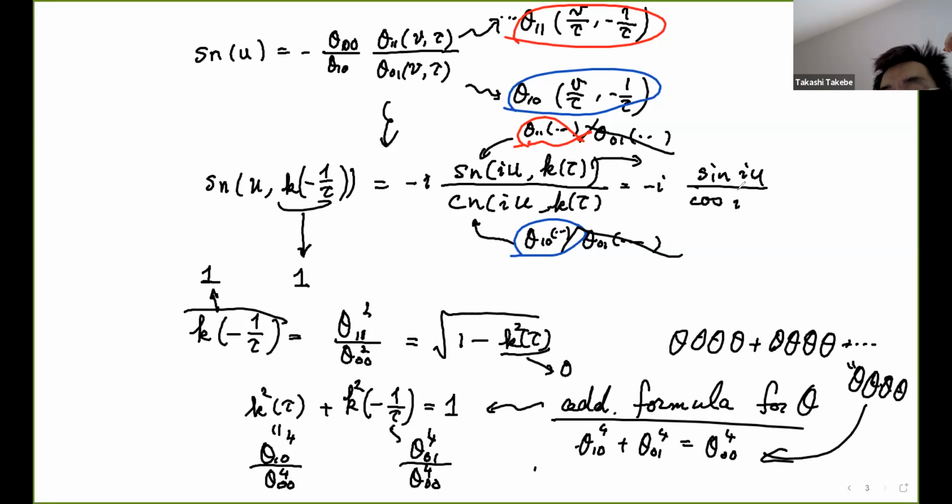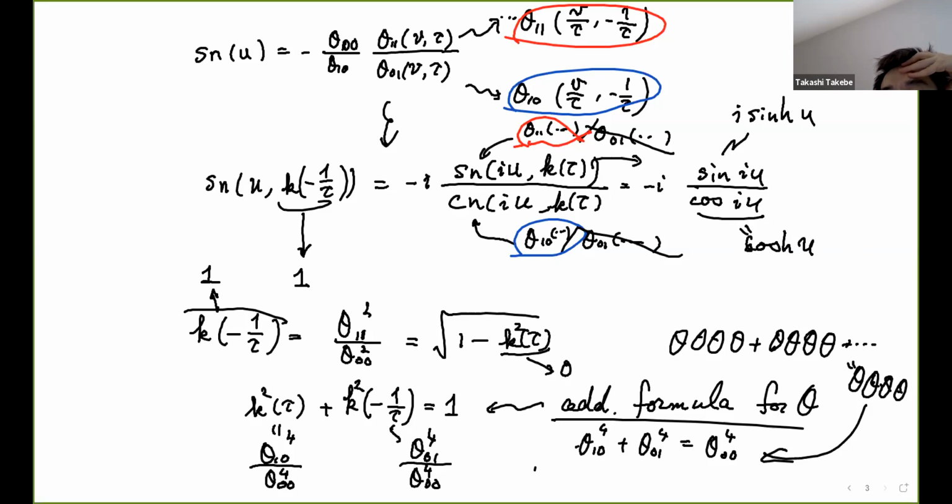And this gives sine of i, and this is almost i times hyperbolic sine u. This is equal to hyperbolic cosine u.